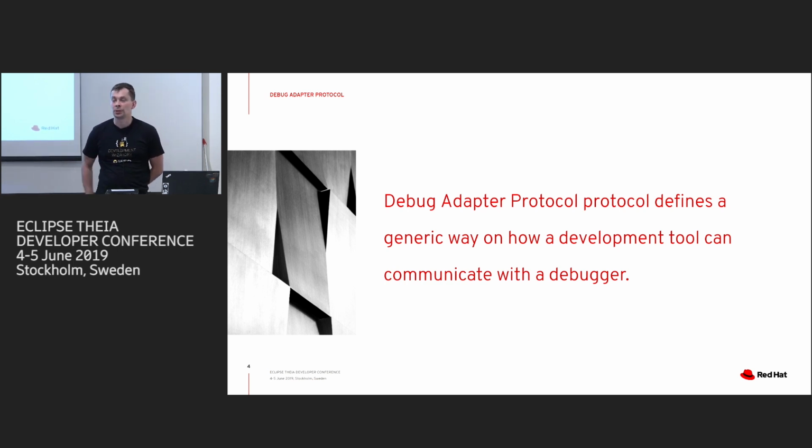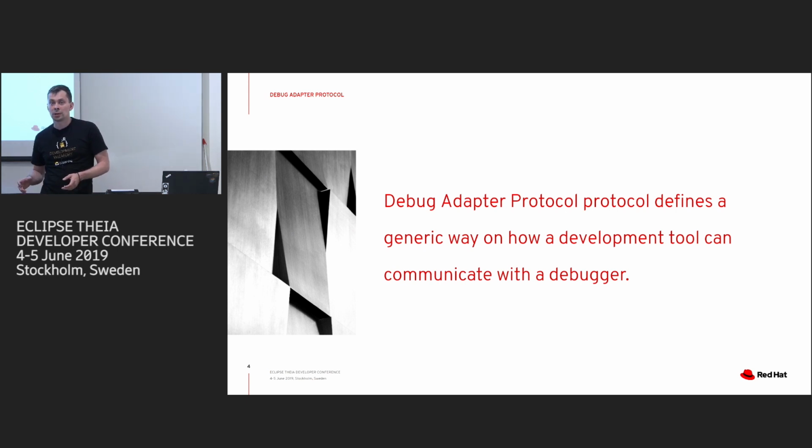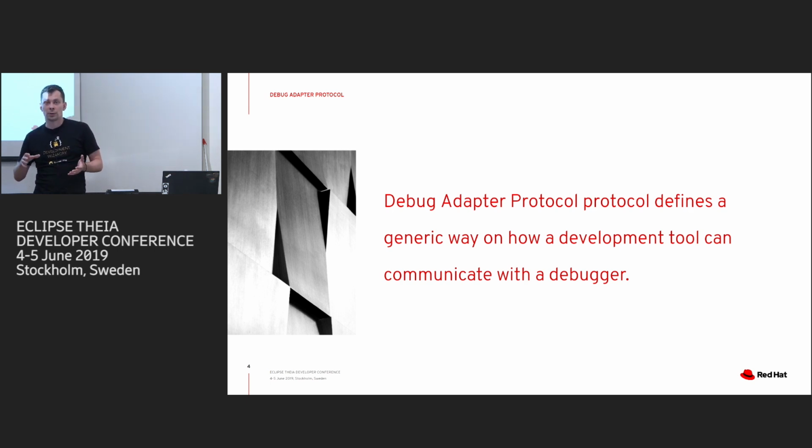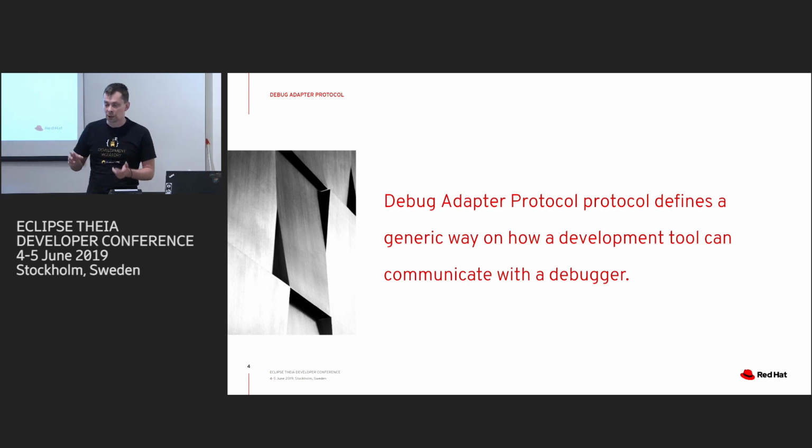Instead of integrating debuggers into each of those IDEs, it's better to adapt debuggers to a protocol, the so-called debug adapter protocol, and let IDEs implement this protocol. It allows us to reuse debuggers across different tools and reduces the effort for development tools to integrate a new debugger.